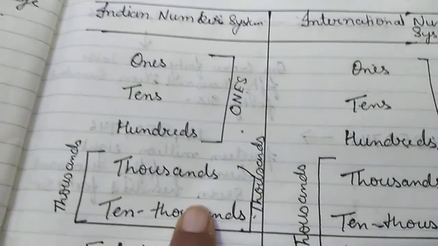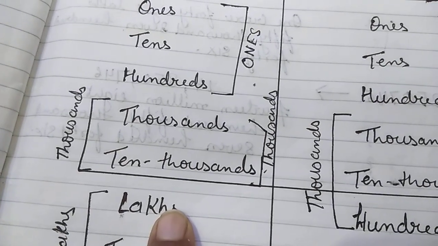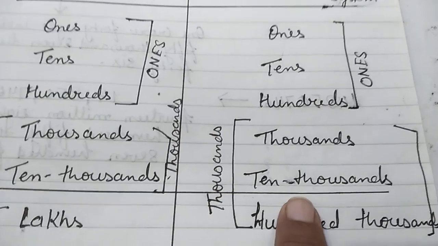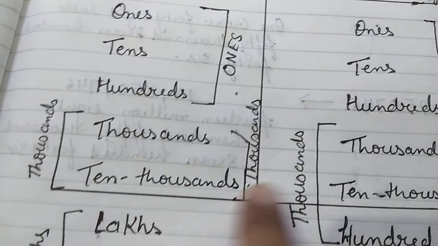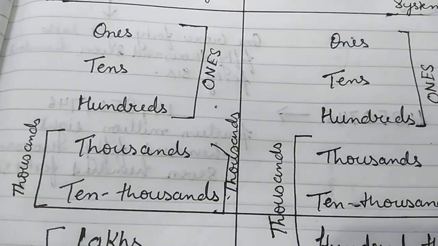But in the Indian number system, after 10,000, lakh is coming. And in the international number system, after 10,000, 100,000 is coming. So up to 10,000, in both number systems, the things are the same.